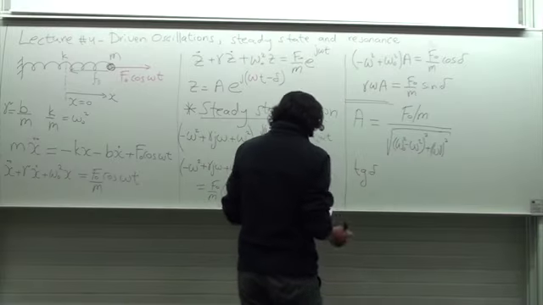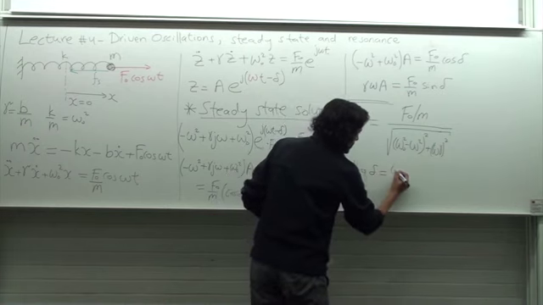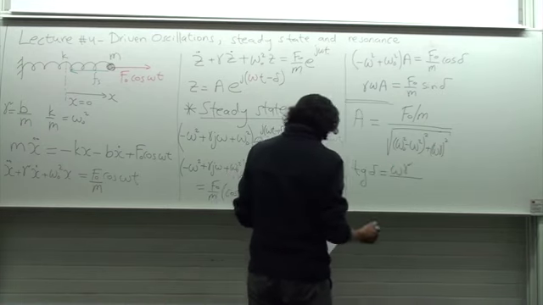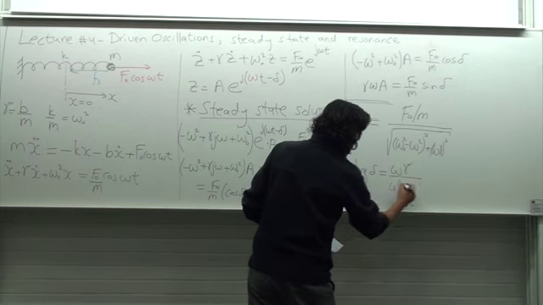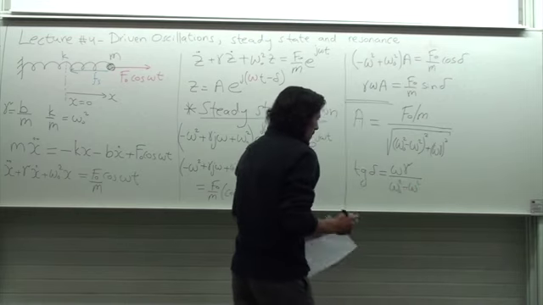Tangent delta equals omega gamma over omega 0 squared minus omega squared.